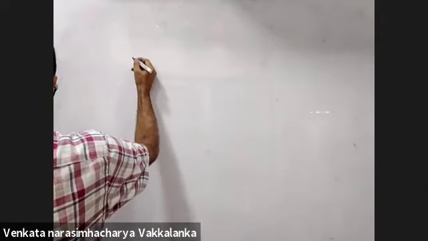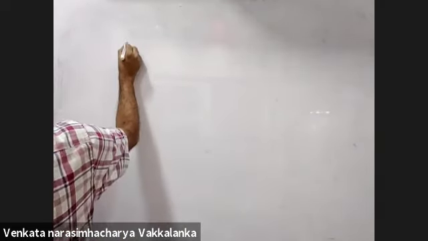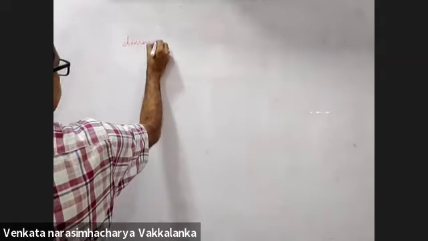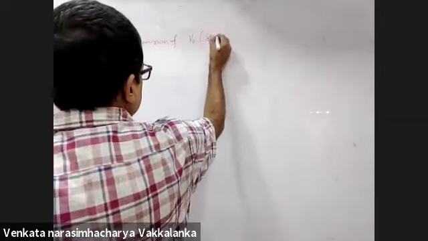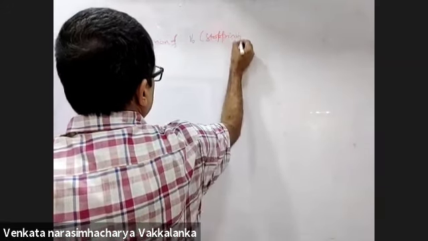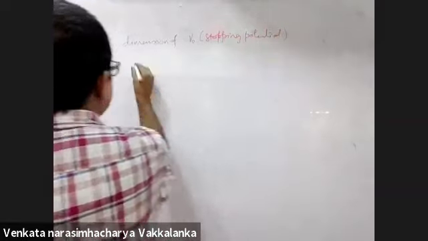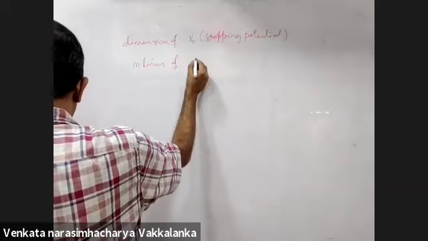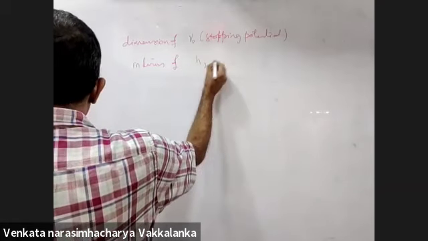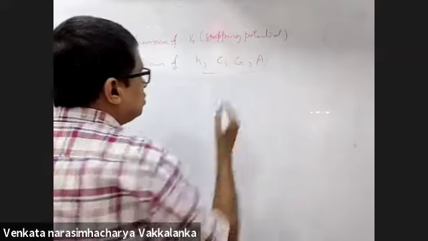Dimensions of stopping potential in photoelectric effect in units of Planck's constant. Dimensions of V naught, V naught is stopping potential, in terms of H, C, G, E. What do these stand for?